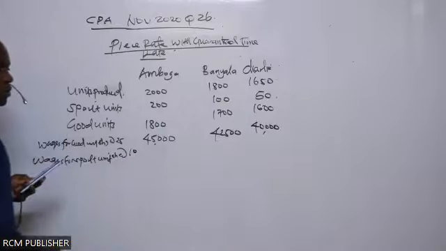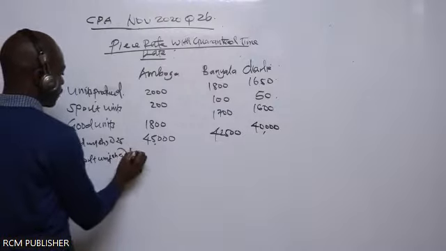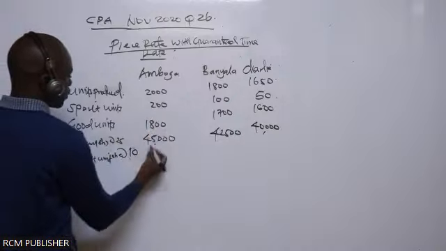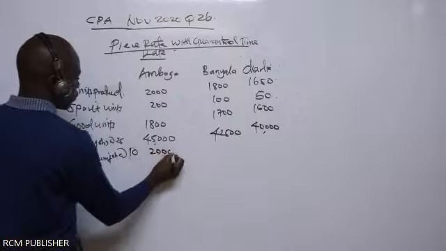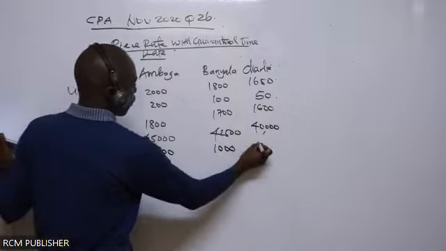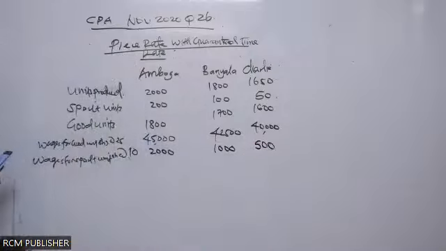So every spoilt product will be paid for at the rate of 10 shillings. So let's come to the spoilt. Here 200 by 10 will give us 2,000. Here will give us 1,000. Here we are going to have 500. That is the wage that these people are going to receive for the spoiled goods that they produced.